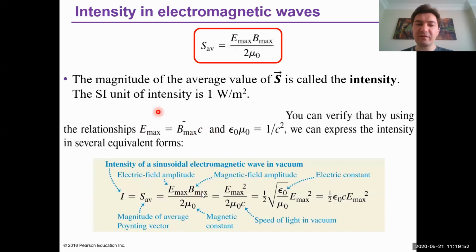Just use this and also use that expression for the speed of light. Then you can get different forms of the intensity of a sinusoidal electromagnetic wave in vacuum. What about the unit? The unit of the intensity is the same as the unit of the Poynting vector, 1 watt per square meter. Do you have any question related to the intensity of electromagnetic waves?